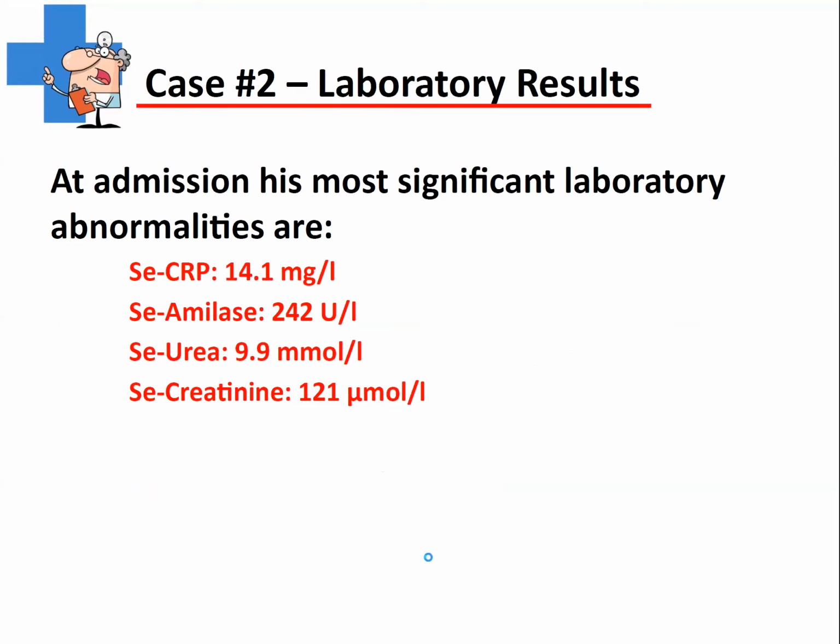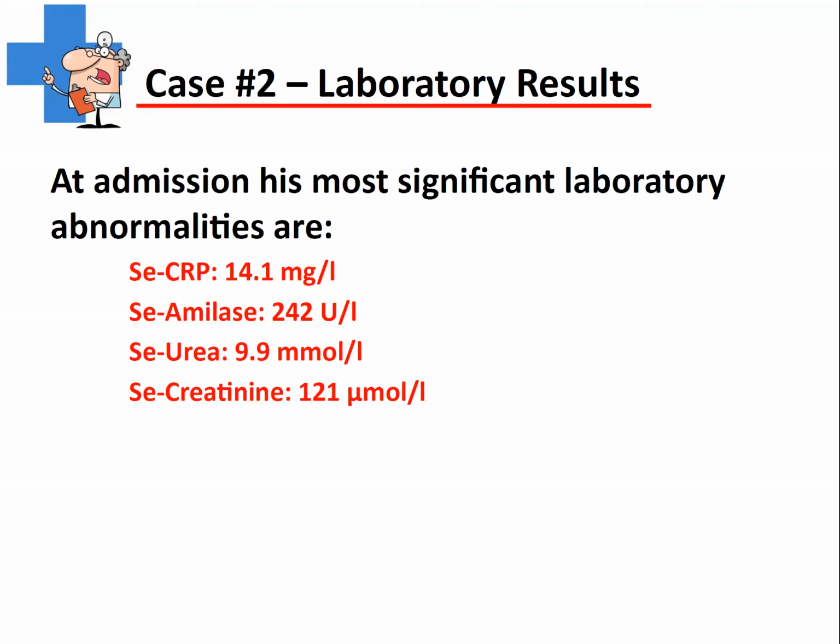Now at admission, his significant laboratory abnormalities: the serum CRP level is elevated a little bit, serum amylase level is elevated, serum urea level is elevated, and creatinine is elevated. Now, serum urea and creatinine can be elevated due to kidney abnormality, but it can also be elevated due to shock compensation, because the kidney is cut off from the circulation due to the redistribution of the blood flow.